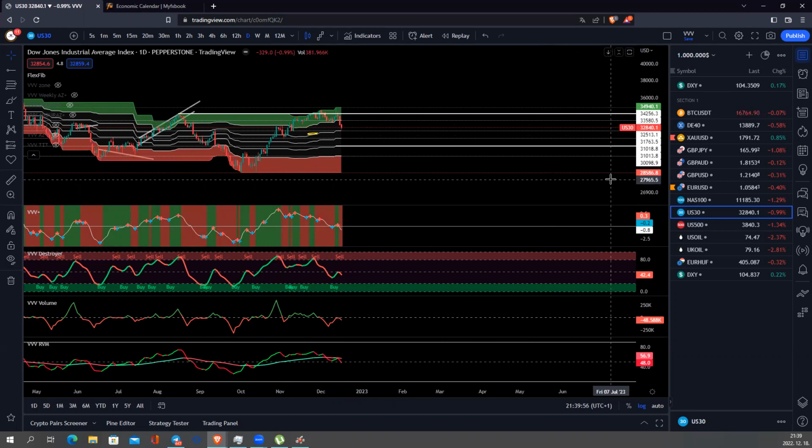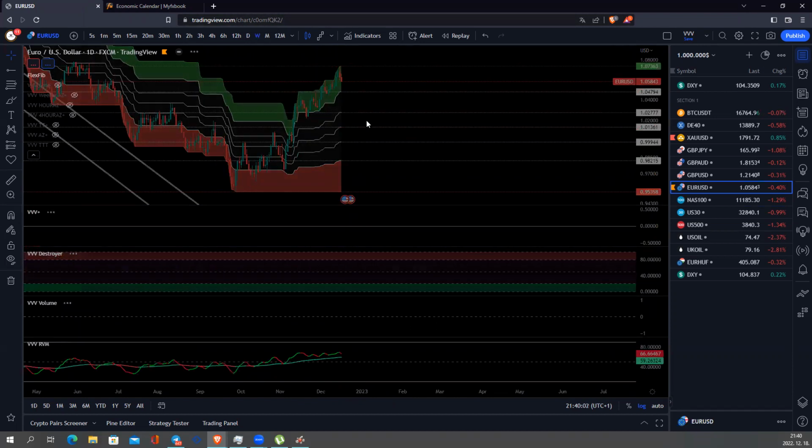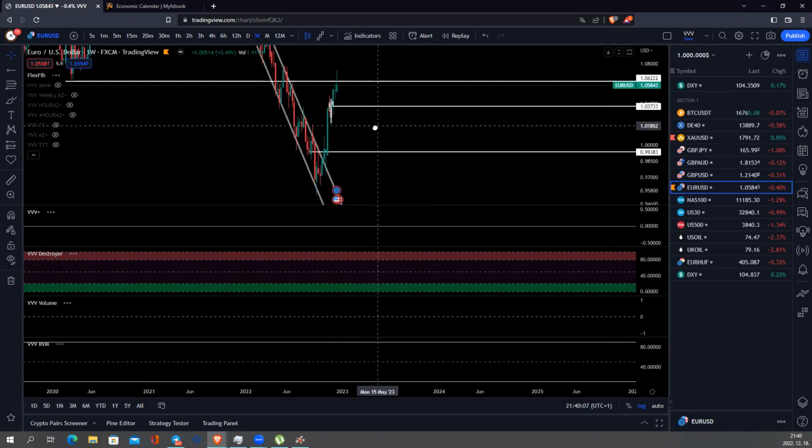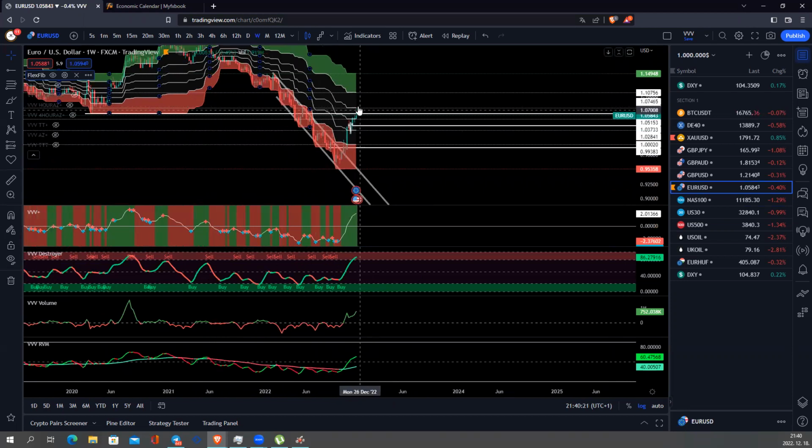All right, maybe euro USD. Same thing as we saw on the DXY. Target was reached, although I didn't draw the target on the fib. I pointed to this point, to the previous support, and it got its rejection, but also from the 61 fib, which, in my opinion, needs a retest.